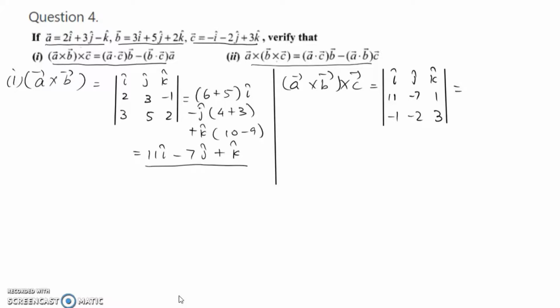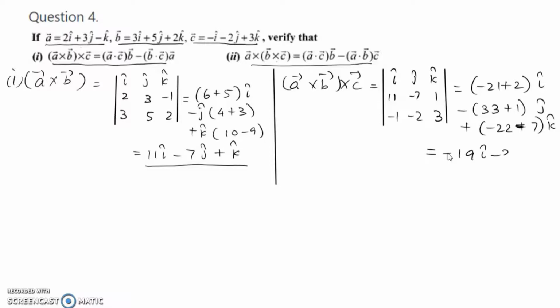So that's equal to (minus 21 plus 2) i cap minus (33 plus 1) j cap plus (minus 22 minus 7) k cap, and that would be equal to minus 19 i cap minus 34 j cap minus 29 k cap.